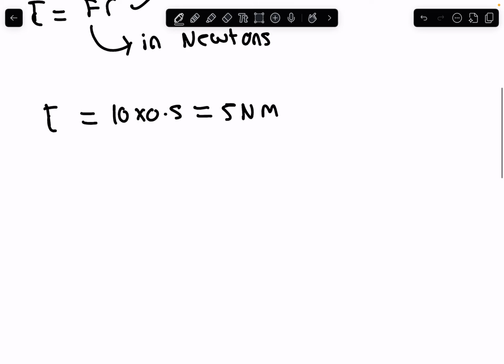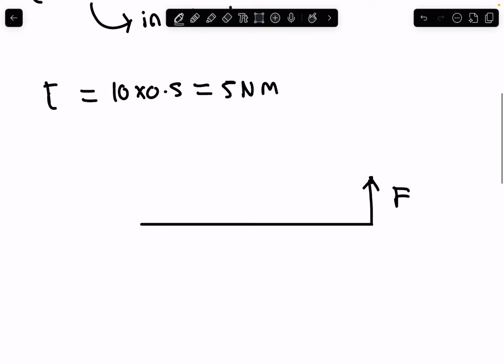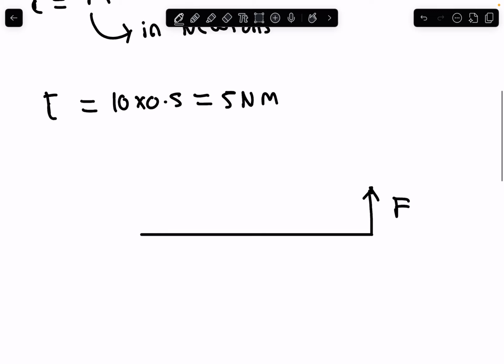And let's get back to the pencil. I apply a force F here to the right. So usually the pivot point would be the center of mass, and in most IB questions, you will not be given the actual pivot point, so you must assume that the pivot point is the center of mass. Since here the pencil's center of mass is right here.